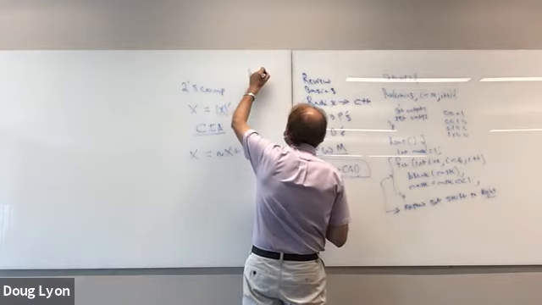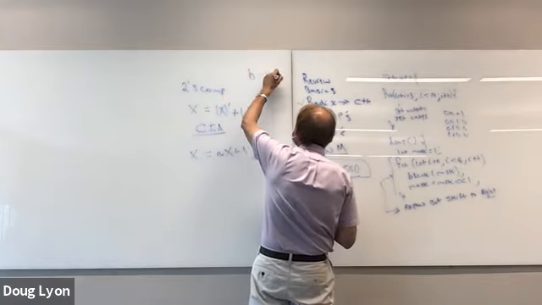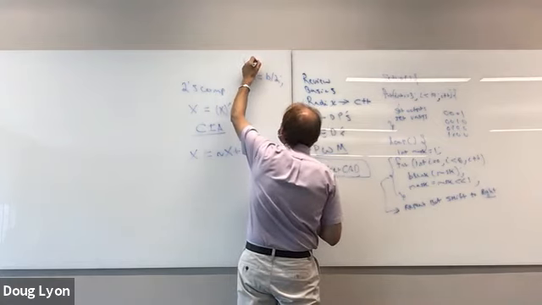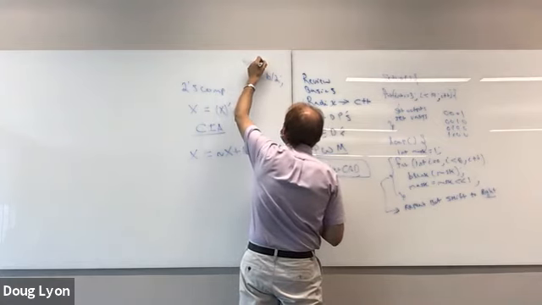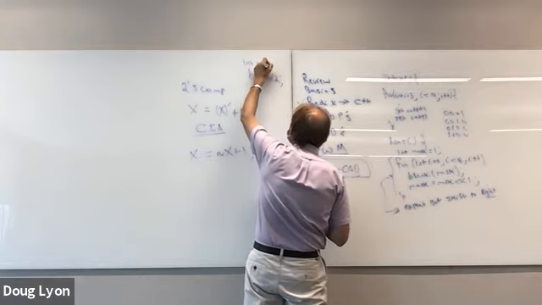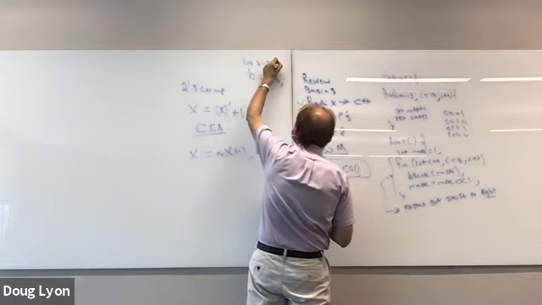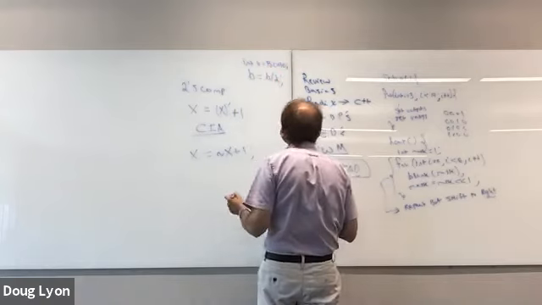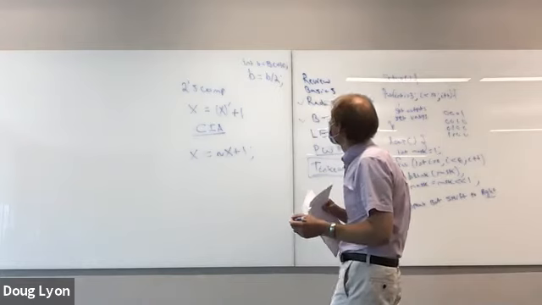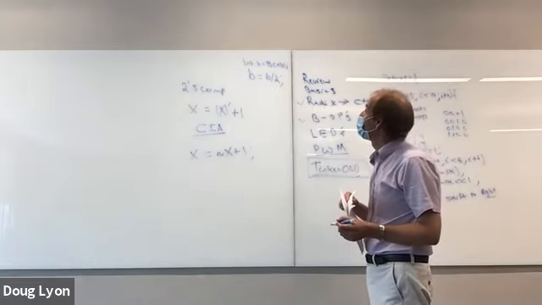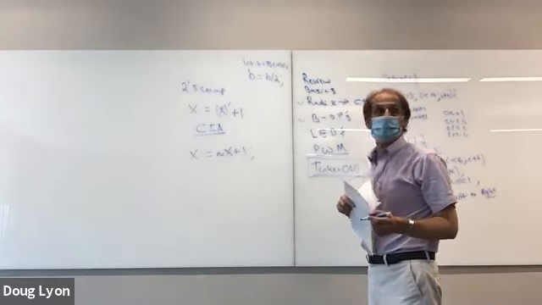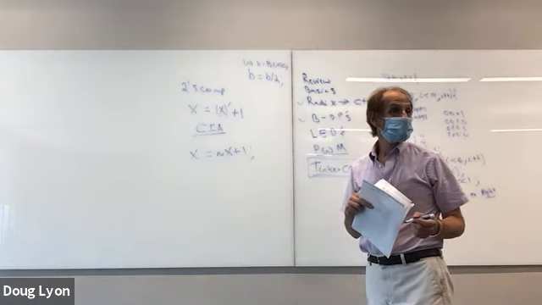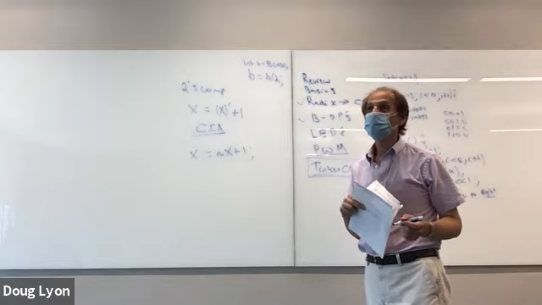Suppose we said B equals B divided by 2, where B is an integer equal to the binary value 0010.